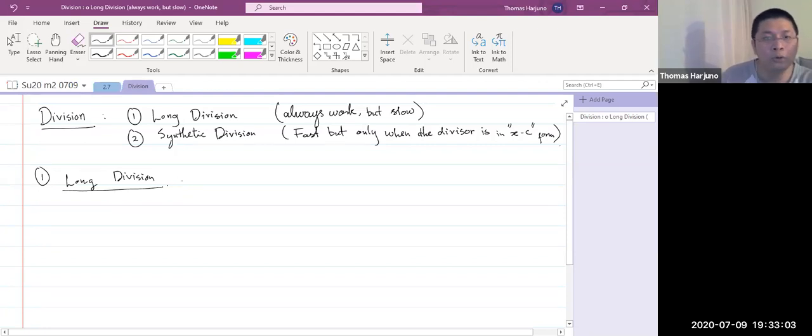What we are going to do here is to divide a polynomial by a polynomial.